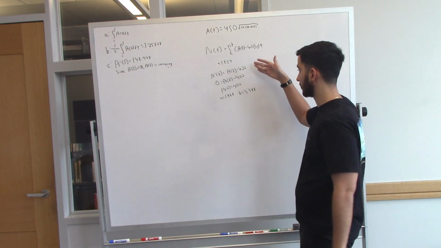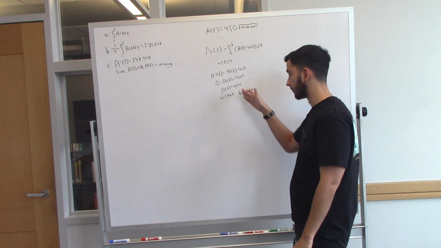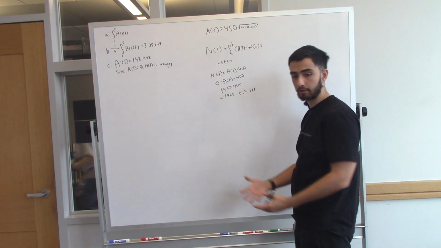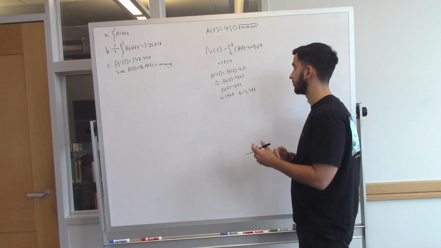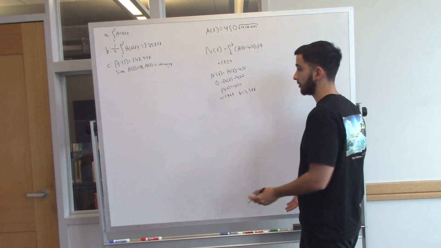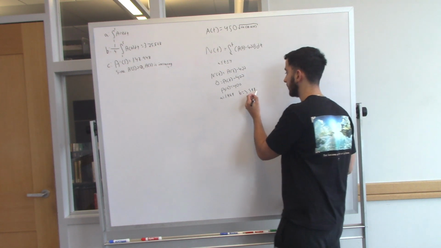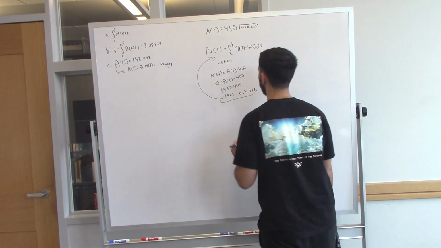Quick recap. We want the maximum of this function and we want that value. So we have to find where the derivative is equal to 0, and in that case it's where a of t equals 400, so use the calculator. Now we have to figure out which one of these is the maximum. How do we do that? We plug these two values back into this.